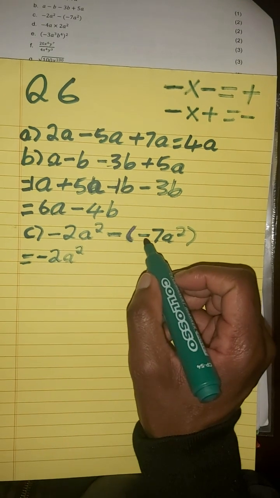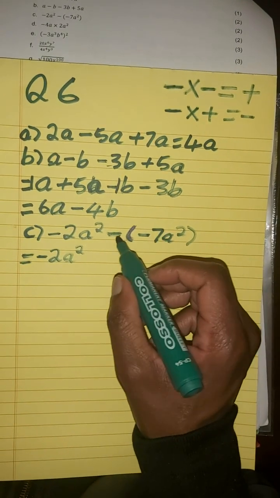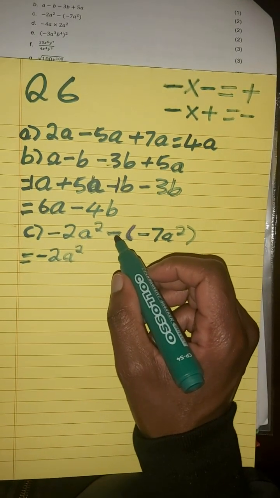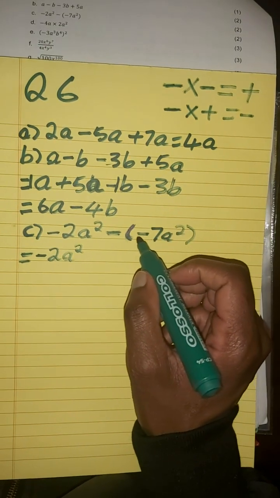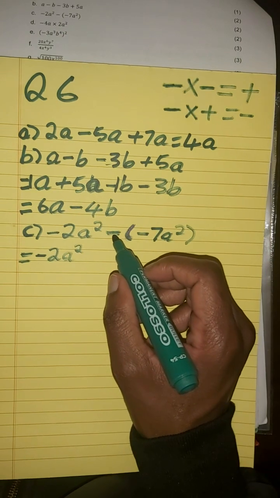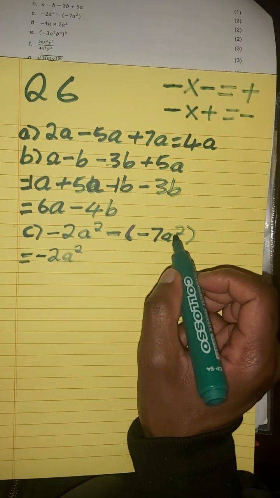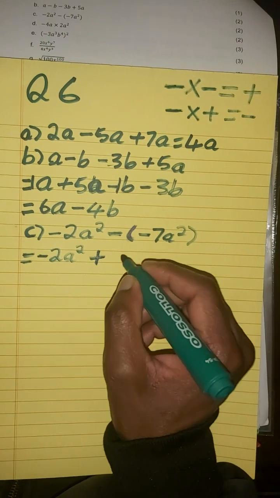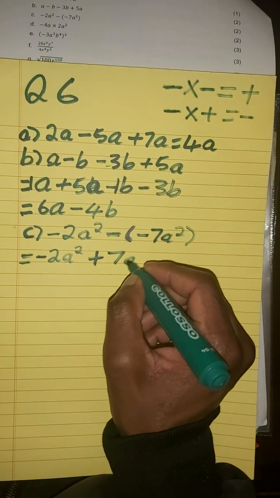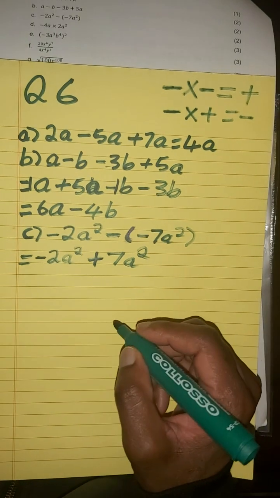We can see that there's a bracket and then outside the bracket there's a negative. So we have to multiply what is outside with what is inside. Meaning that we'll say negative times negative 7a squared, and that will give us a positive 7a squared. You see that?